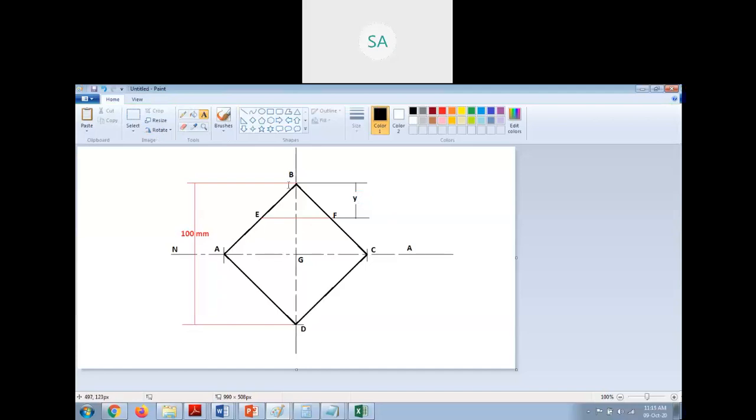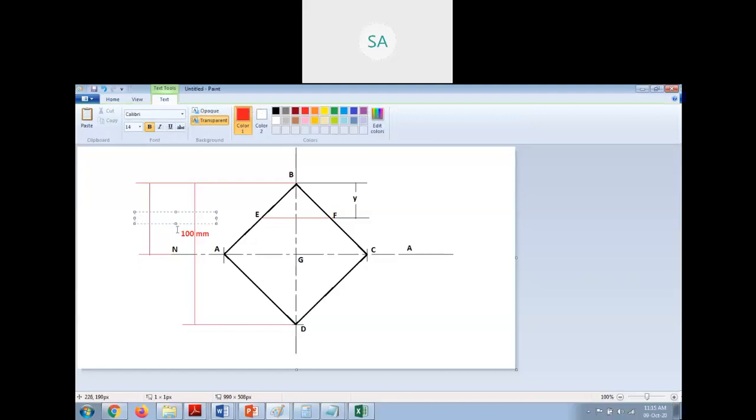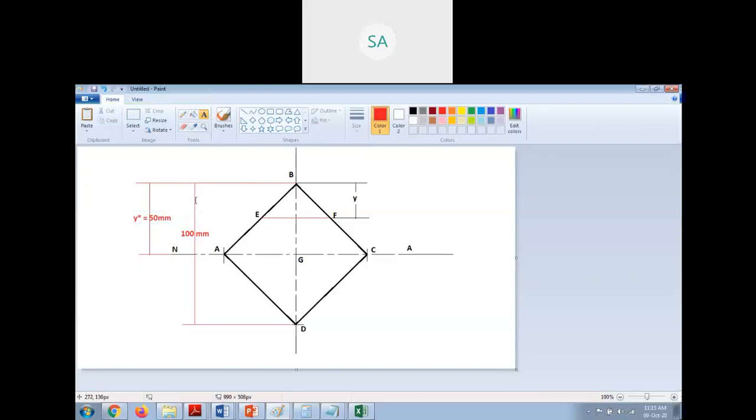And the location of the center of gravity from the apex is y star, and this is equal to 100 by 2 or 50 millimeters. Since it is symmetric, we don't have to worry much about finding the values.